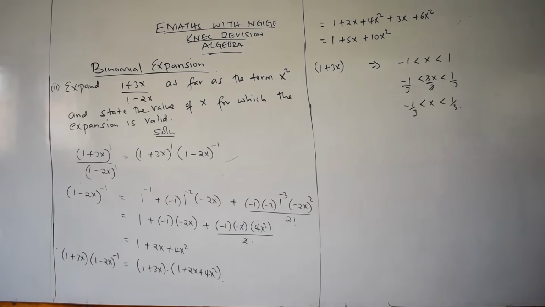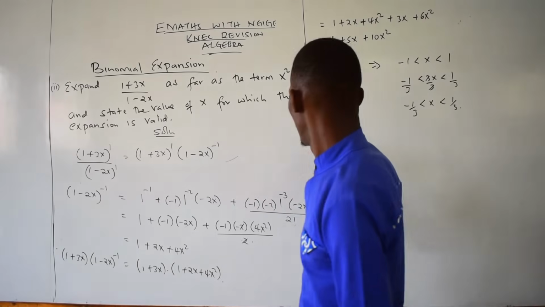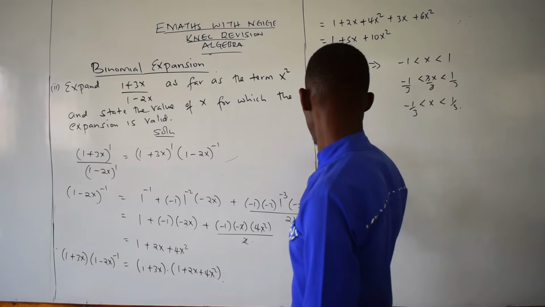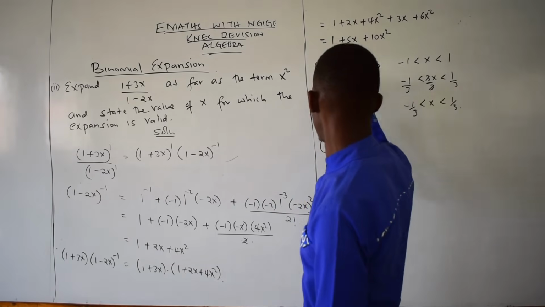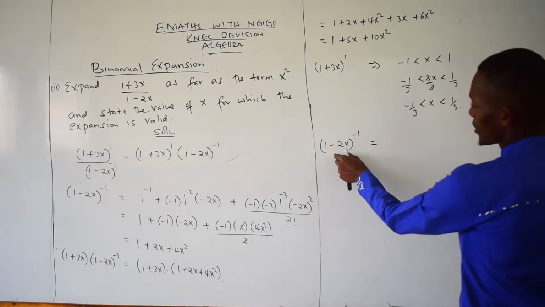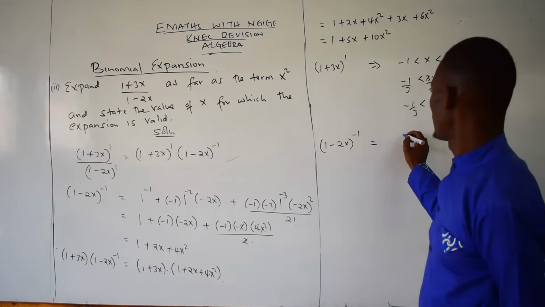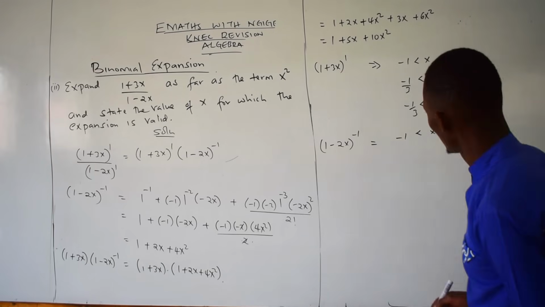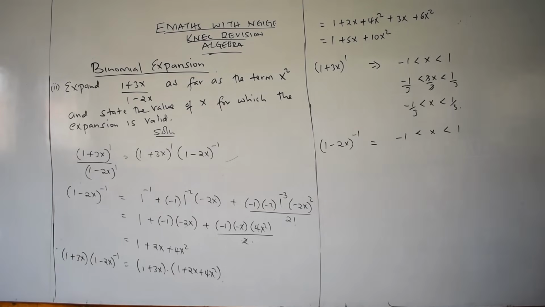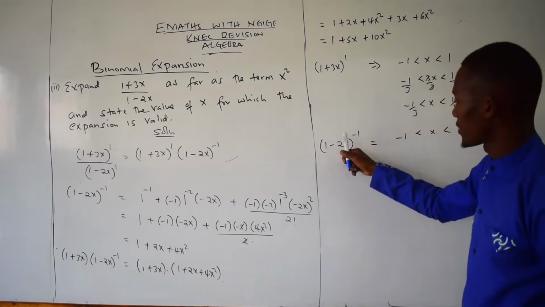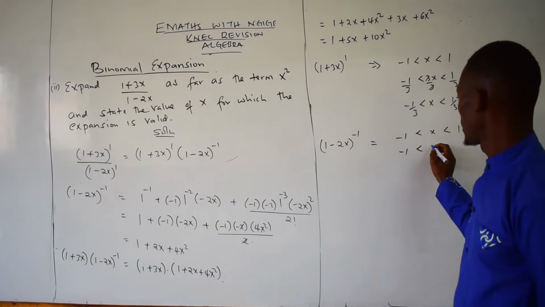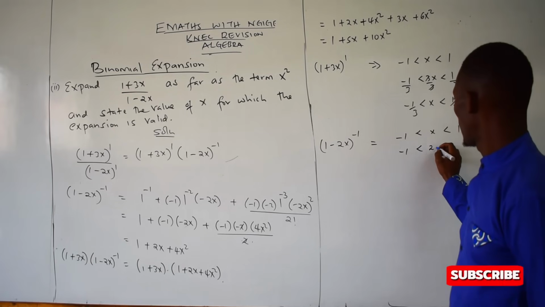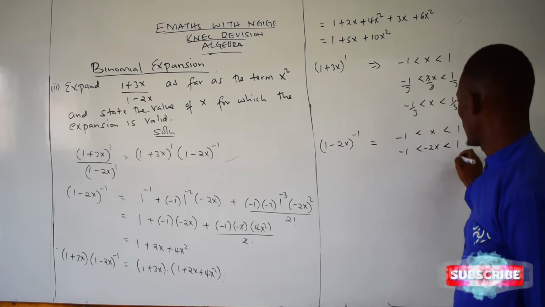Now we come to the denominator and we check this term again, 1 minus 2x. So this is not considering the power, it's just considering the term that we have inside here. So we have negative 1 less than x less than 1, that is the normal range of the value of x. But here, this time we have negative 2x, so we have negative 1 less than negative 2x less than 1.